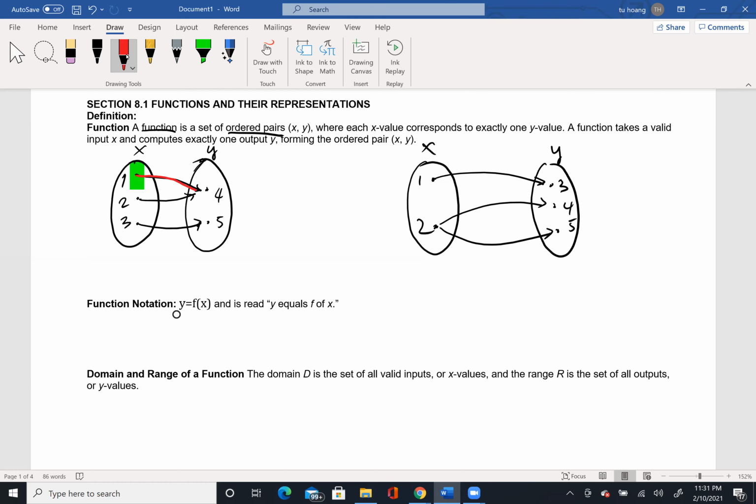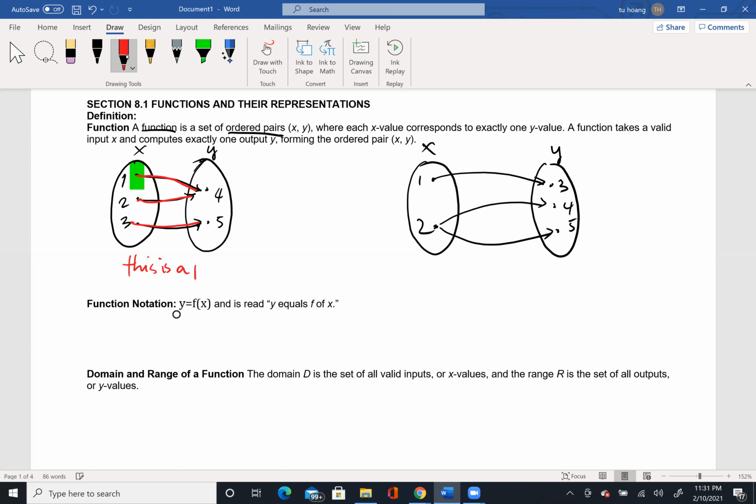Like 2 here also has exactly one value y, and 3 here a value of y. A function takes a valid input x and computes exactly one output y, and forming the ordered pair as x comma y. You see that? And so this is a function.